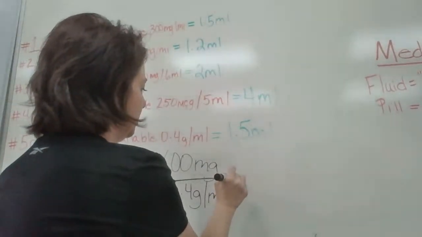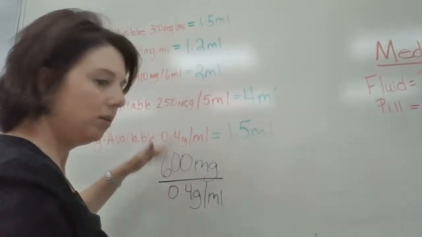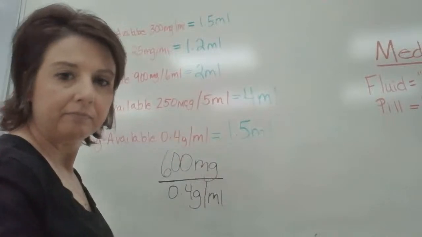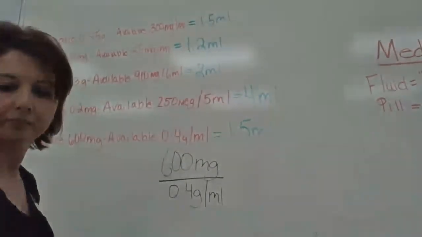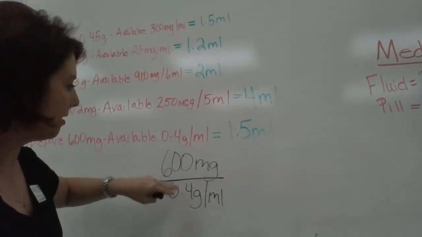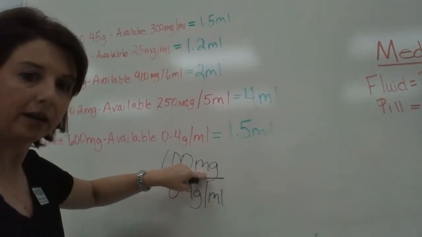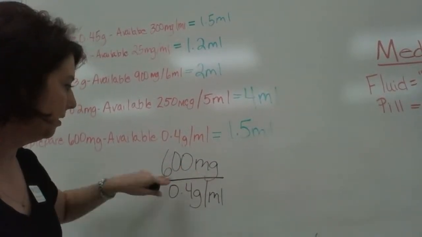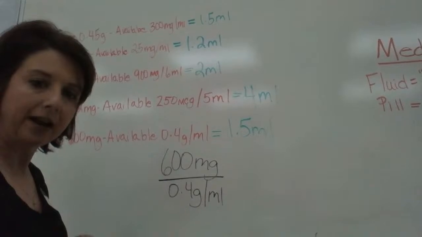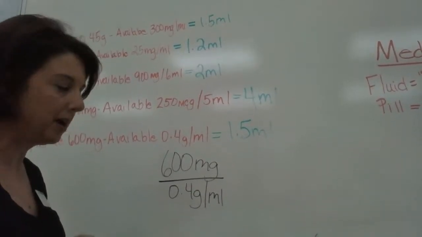So what's our first step? What do we divide by? We know that there are 1,000 milligrams to a gram. So do we divide that first? Which one do we divide?